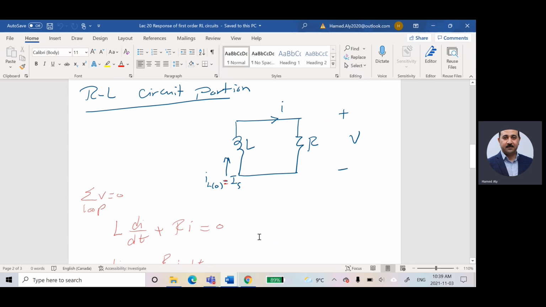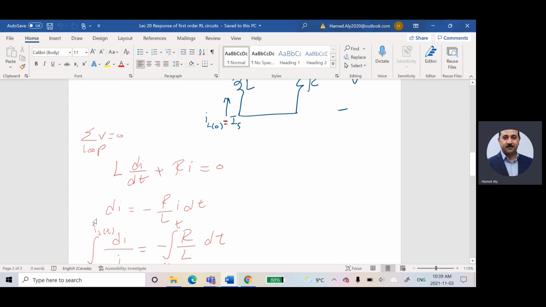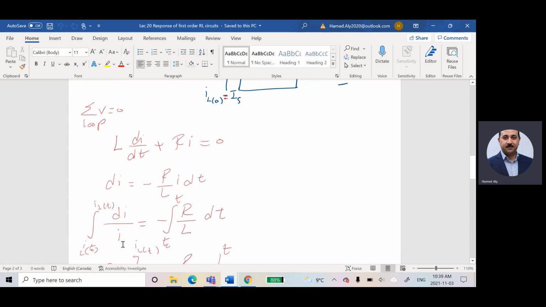We studied in mathematics how to solve that equation for finding I. If you would like to calculate I, you use the separable method, which means you separate everything related to I on one side and everything related to time on the other side. This is what I did here, and I found that dI over I is equal to negative R over L dt.